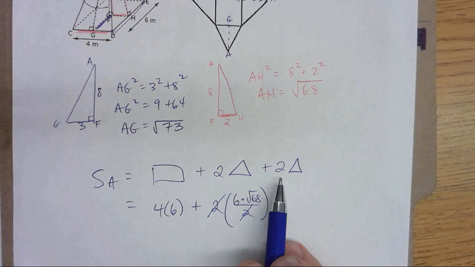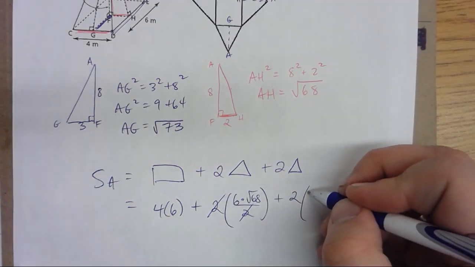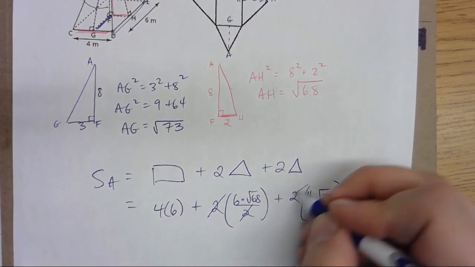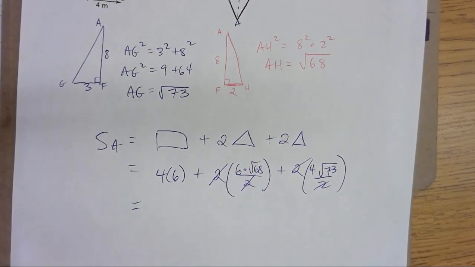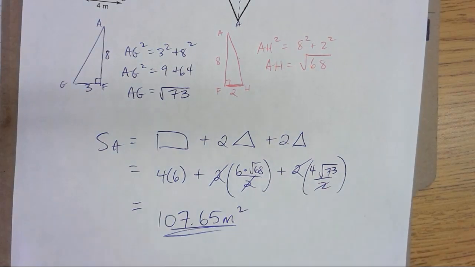The smaller triangle is going to be, again, there's 2 of them, but it is 4 times root 73 divided by 2. Again, the 2's cancel. And when I run the math on that, I get a grand total of 107.65 meters squared.